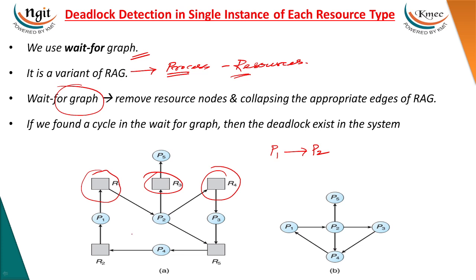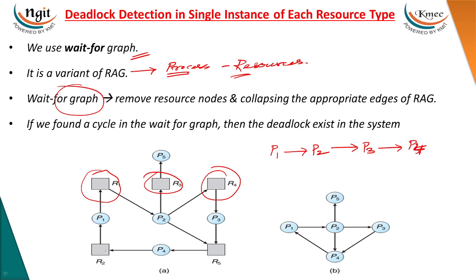P2 to R4, R4 to P3, then it will become P2 to P3. Then P3 to R5, R5 to P4, then it will become P3 to P4.